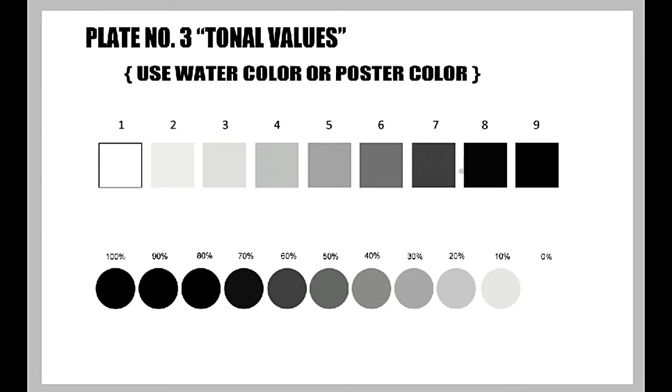Panghuli yung black. Okay, so ang gamitin ay watercolor or poster color para lalabas yung ganitong kulay. Just use or mixed black or gray with white. Maraming white ang i-mix dyan para lalabas ang lighter shade of gray.